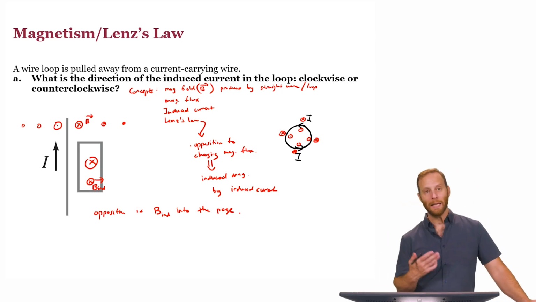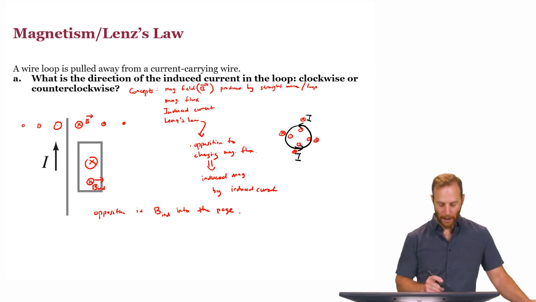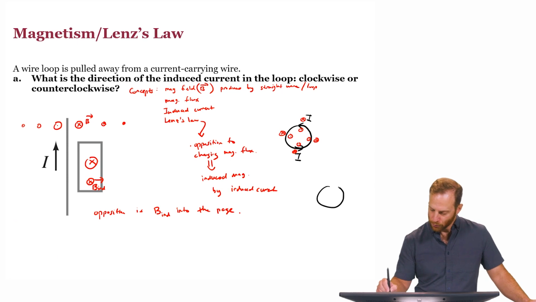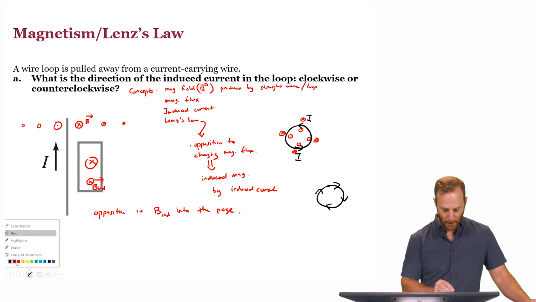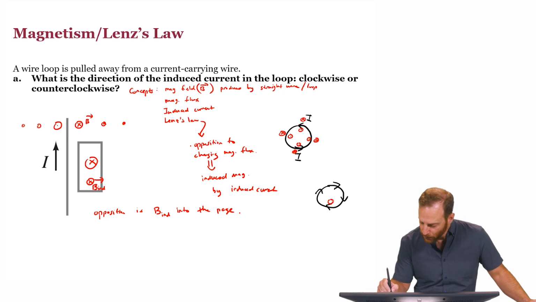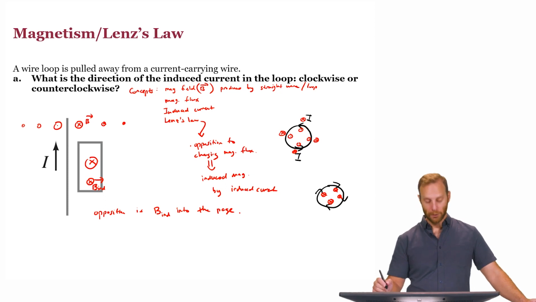How do you get a loop to have a magnetic field pointing in? Well, it's not like the picture I drew. In fact, it's the opposite. So let me just draw this to show you what would happen if current was going around in the clockwise direction. That would, in fact, give you a magnetic field pointing into the page on the inside. That's what we want. And so the conclusion is the direction of the induced current is the same as that picture I just drew.